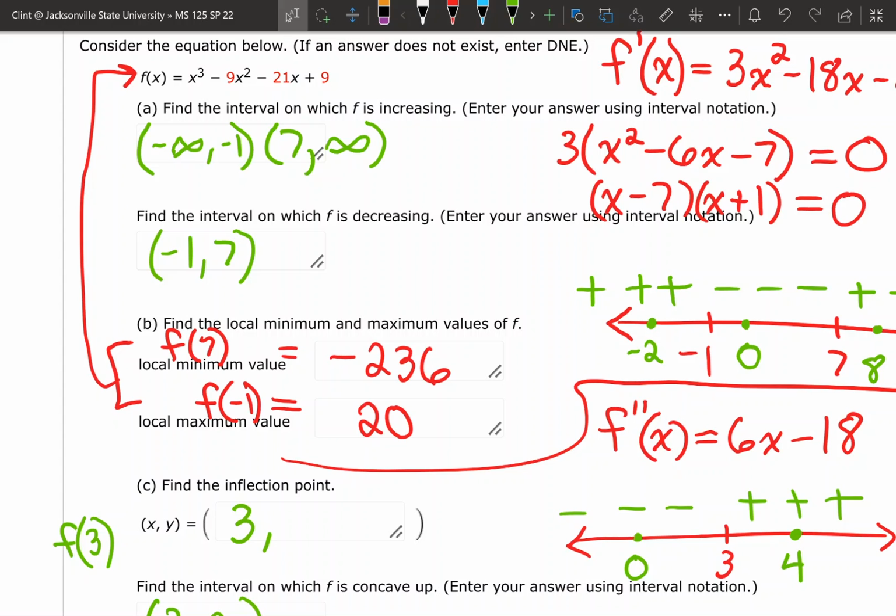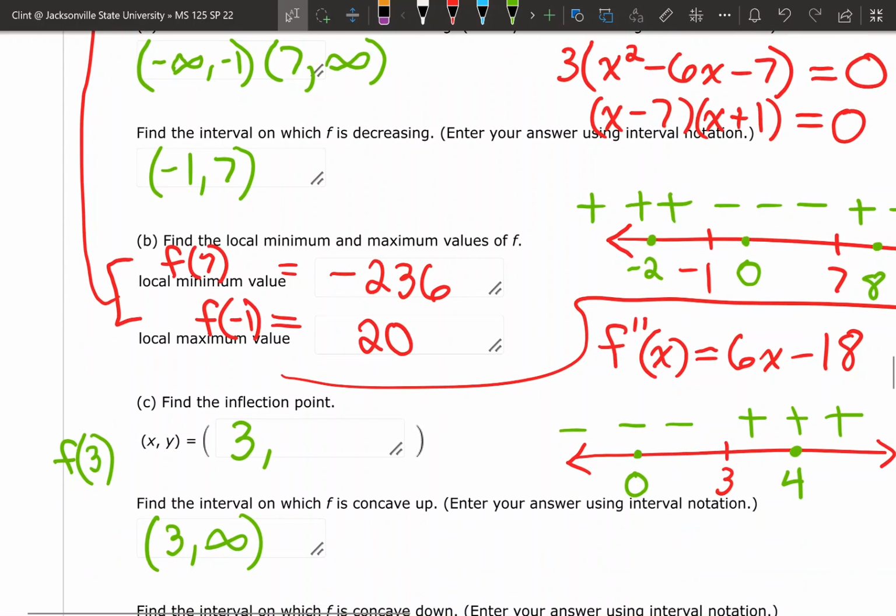So let's see, 3 cubed minus 9 times 9 minus 21 times 3 plus 9. I got negative 108. Okay. Good deal.